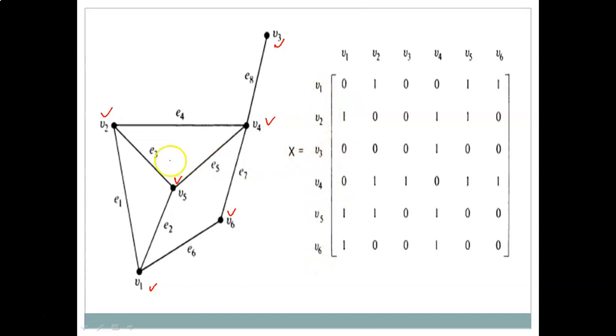You write the matrix with V1 to V6 for rows and V1 to V6 for columns. Exactly in the same manner as done earlier, you can construct this matrix, and this is the adjacency matrix for this particular graph.